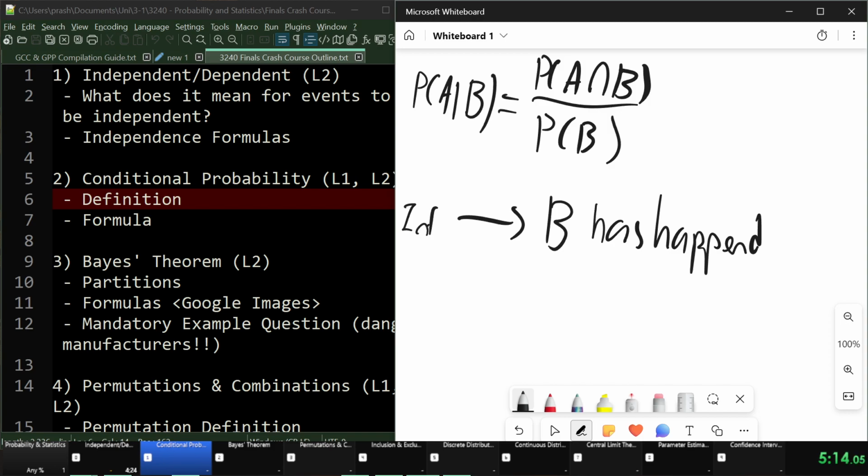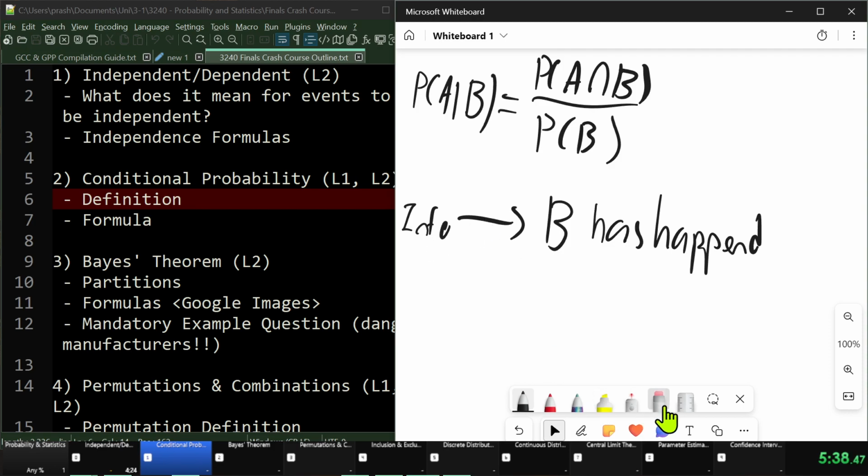And because you know this information, you're able to rule out certain possibilities. That's why for the most part, if A and B are not independent, the probability of A given B isn't the same as just the plain old probability of A.